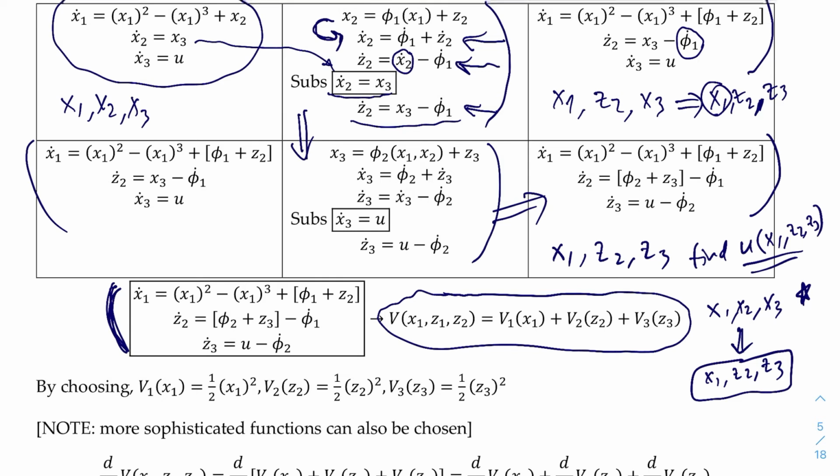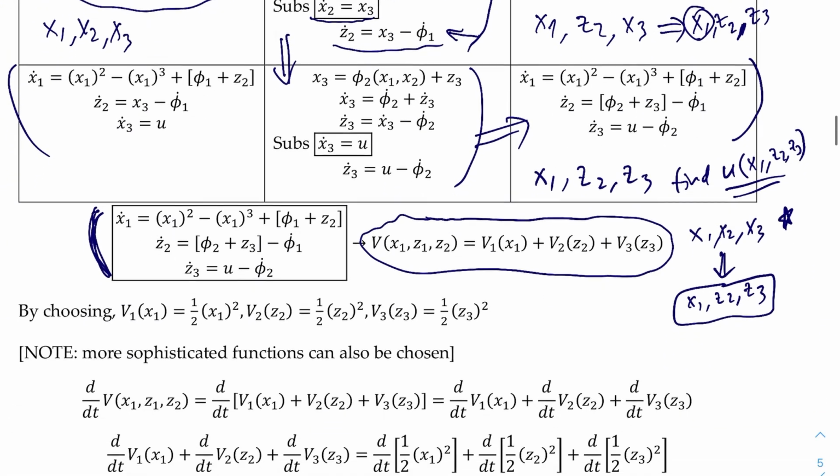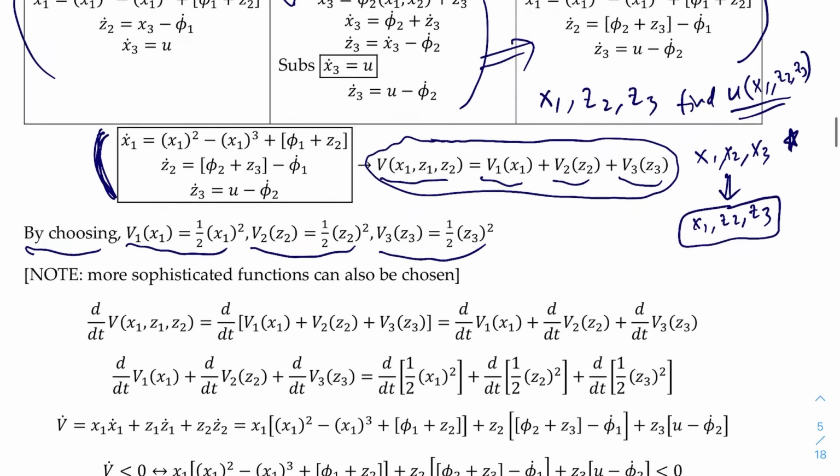For you to be able to do that, your system might have some special structure, and this chain structure is what allowed us to write our original Lyapunov function as a composition of smaller parts, by choosing the simplest quadratic Lyapunov terms.